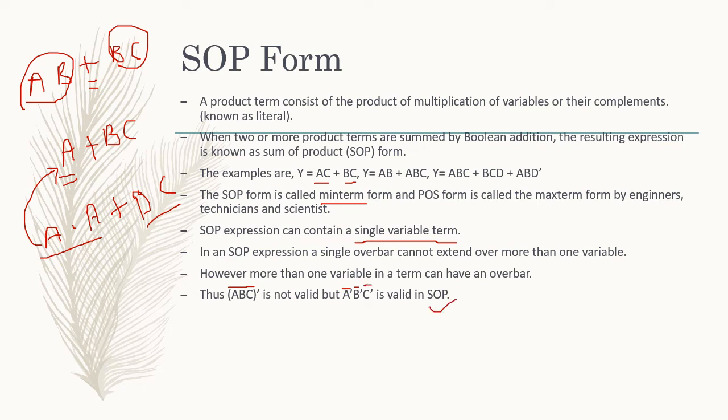So A, B, C whole bar is not valid, but A bar, B bar, C bar is valid in SOP. That means the single overbar cannot extend over more than one variable, but more than one variable in a term can have an overbar. So ABC whole bar is not allowed, but A bar, B bar, C bar is allowed in case of SOP.